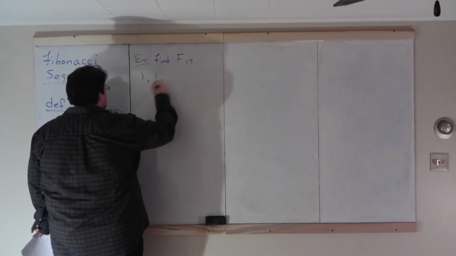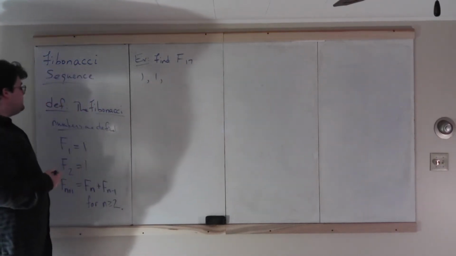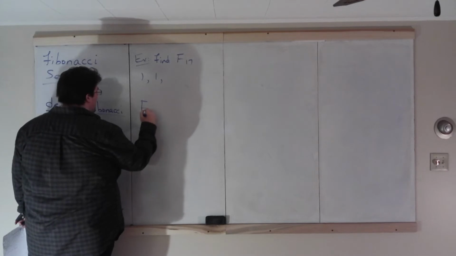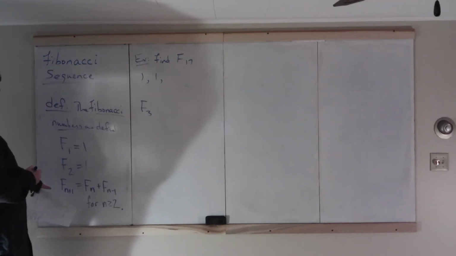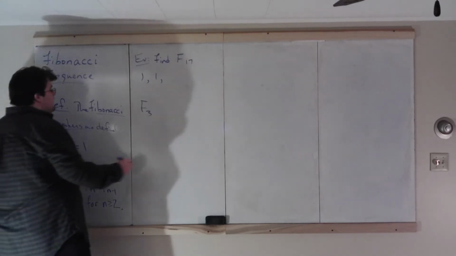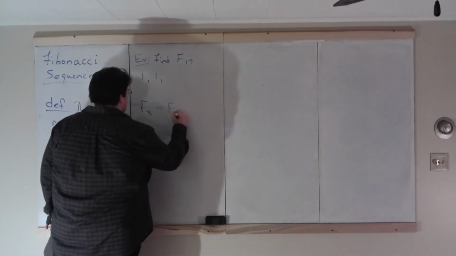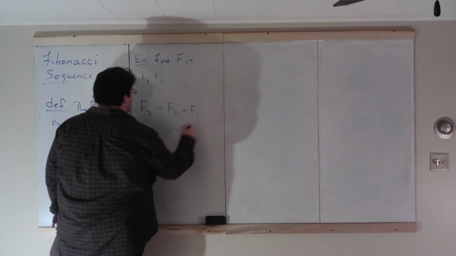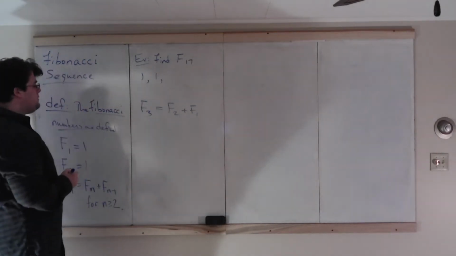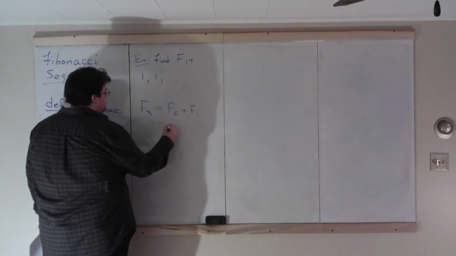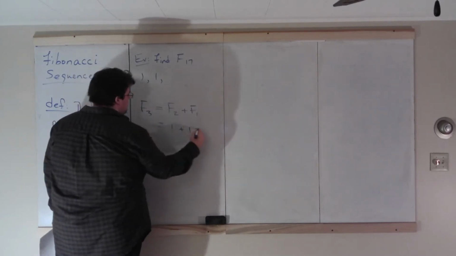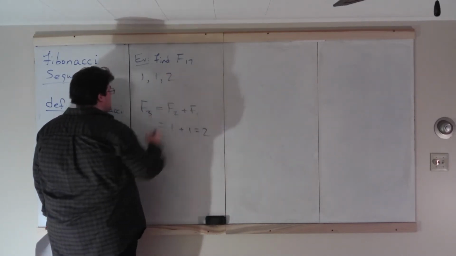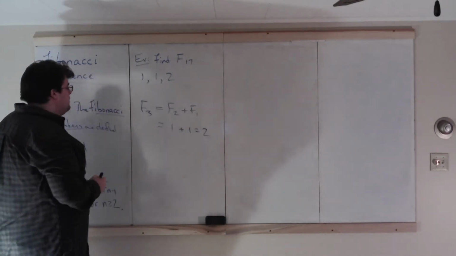1, 2, there's F sub 2. What's F sub 3? Well, let's show the computation for F sub 3. Let n equal 2. It gives you F sub 3 equals F sub 2 plus F sub 1. F sub 2 is 1. F sub 1 is 1. F sub 3 equals 1 plus 1, which is 2. Okay, great.